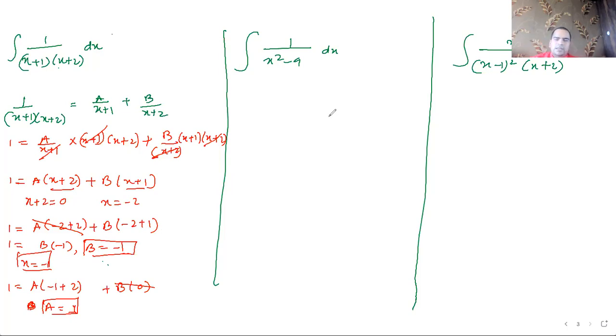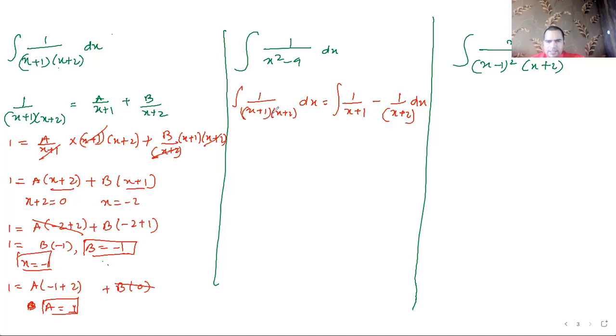Now the actual answer. I can integrate 1 over (x plus 1)(x plus 2) by rewriting this as a, which is 1 over x plus 1, minus, since b is negative 1, 1 over x plus 2. That's how I get this.